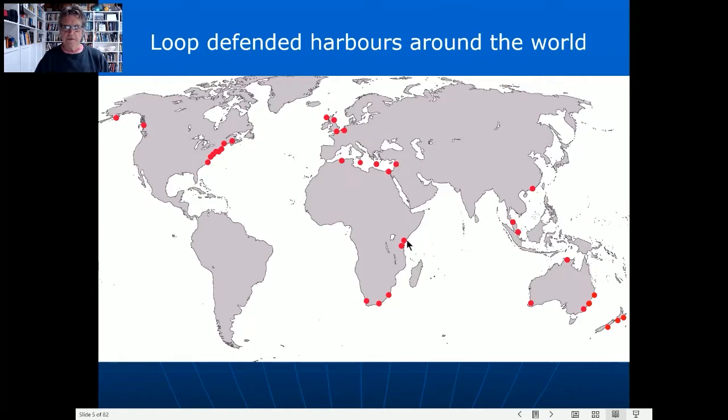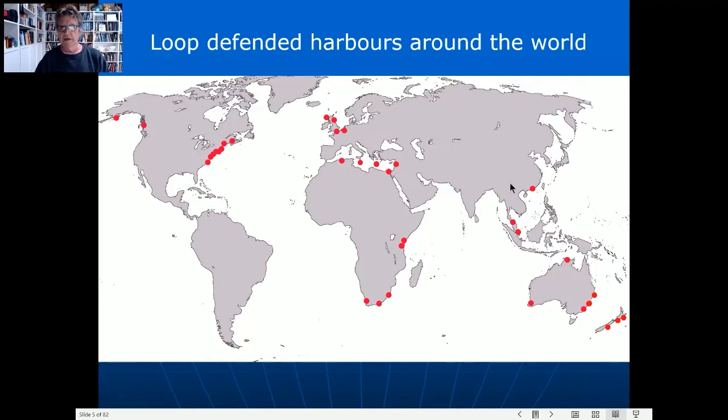Down here we've got Kenya, and what was the other one over there? That's in Tanzania, of course. And then we've got Durban and Cape Town and Port Elizabeth. That's in South Africa.